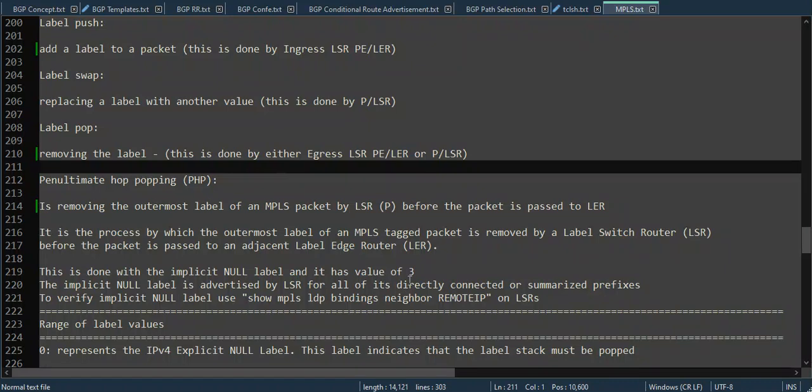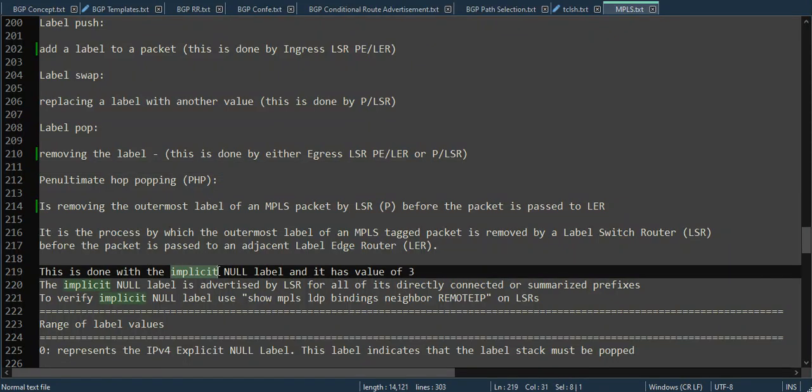Okay, and it is done with the implicit null label, which has a value of 3. The implicit null label is advertised by the LSR for all of its directly connected prefixes or some of the prefixes.